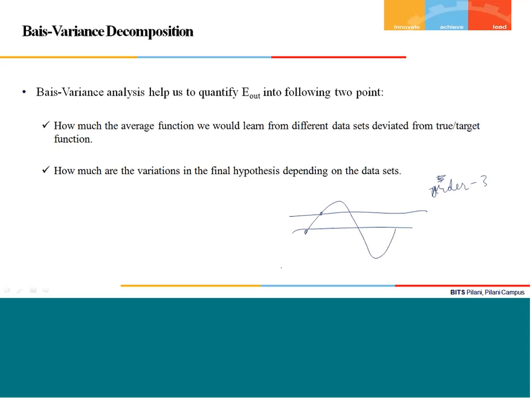But if your hypothesis set is not capable of representing this true function, for an example, your true function is of order 3 but you are using order 1, it means you are using a line to learn this function. You can see that whatever you do, you can never learn this function perfectly, because the hypothesis set you are using is not capable enough to represent this true function.